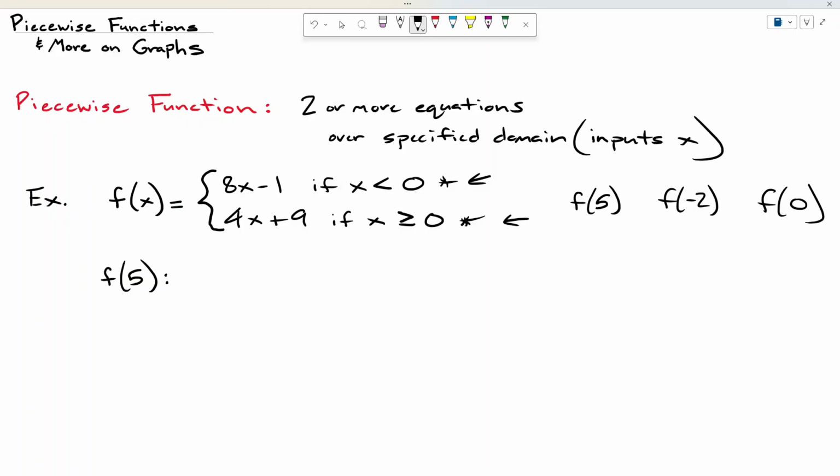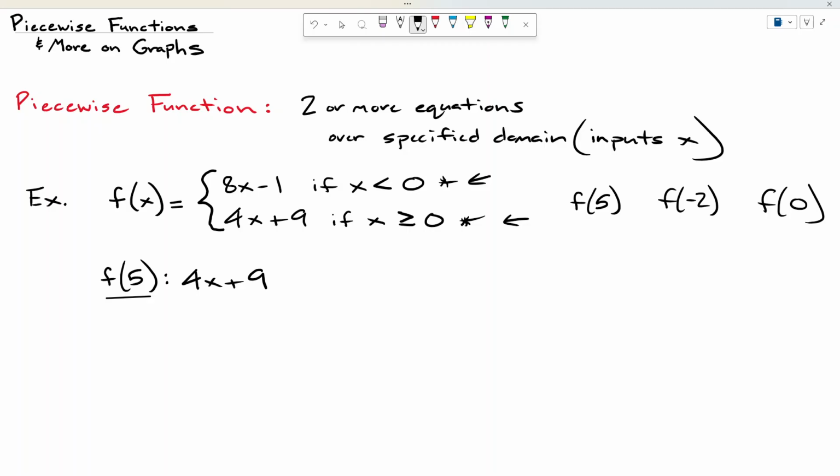But does the 5 fall under the top equation or the bottom equation? Right? Is it less than 0 or is it greater than or equal to 0? Well, obviously 5 is greater than 0. So in this case, we know that we have to use the bottom equation, and we can just ignore the top one because that doesn't apply for what we are evaluating right here, f of 5. So we have 4x plus 9.